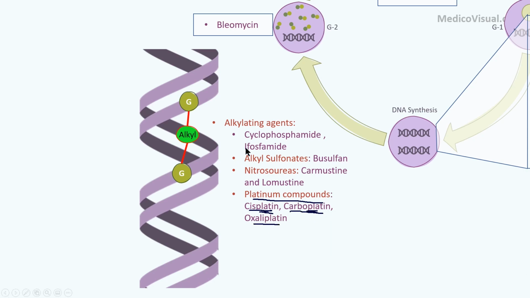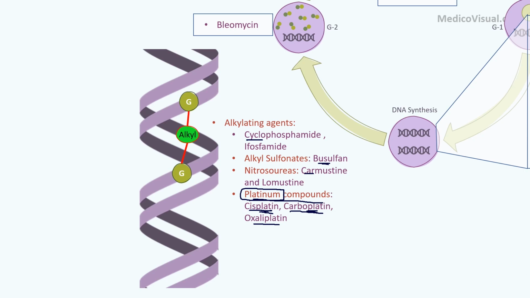So how can you remember the names of these alkylating agents? And how can you remember that these are cell cycle non-specific drugs? Well, it's very simple. What I think of it is that these cycles, these buses, these cars and these precious platinum compounds are not left at the mercy, not left at the dependency, of the cell cycle.